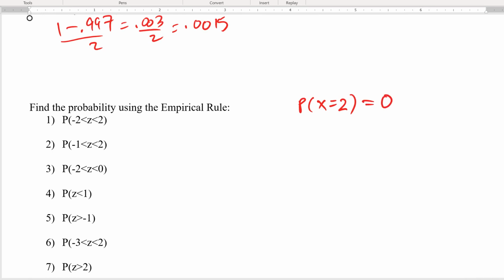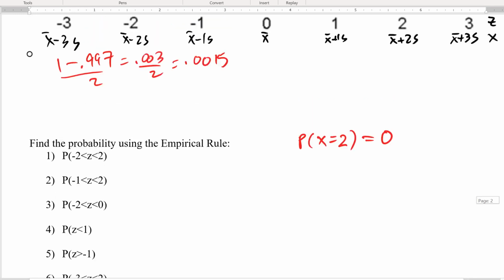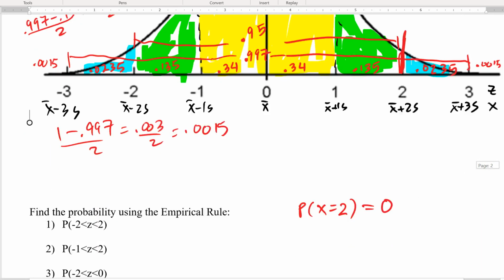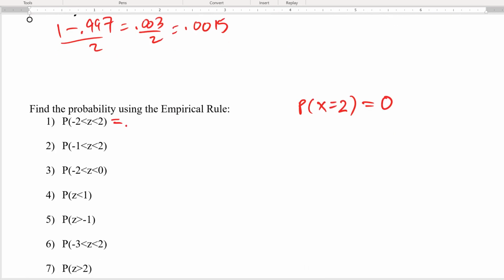So when we're using these, we have to have ranges to find the probability under a curve, because we're dealing with continuous variables. So I'm going from -2 to +2. I've got a couple options. I can go from -2 to +2, and I can add up these 4 numbers. So that would be 0.135 plus 0.34 plus 0.34 plus 0.135.